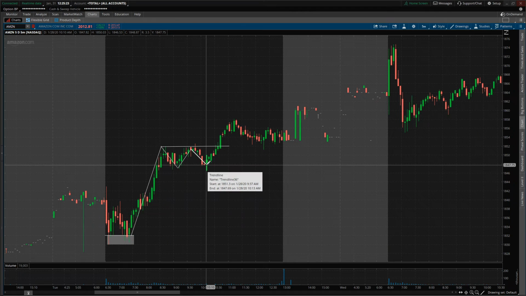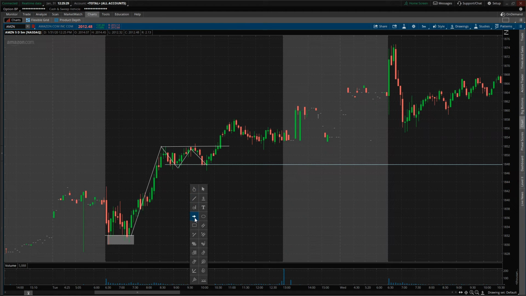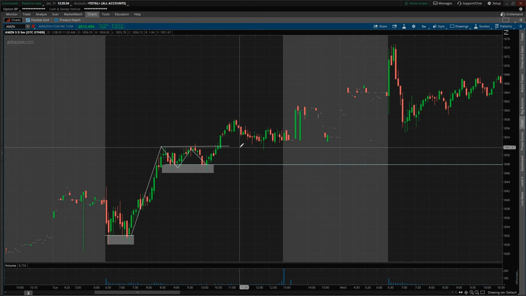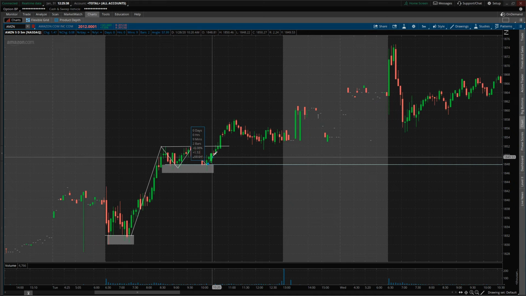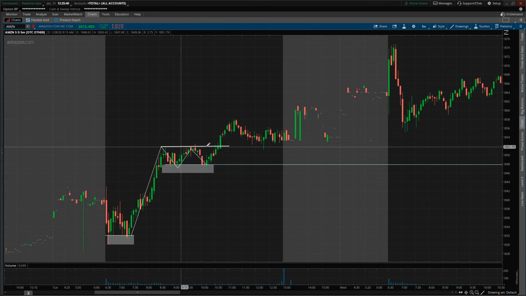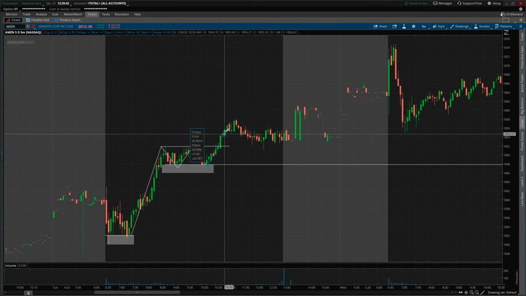As soon as this area was established as a support area, because we were bouncing in this area, we had more buyers come in on the second bounce and push us up. We broke the high, and as soon as we broke the high, we continued up higher.